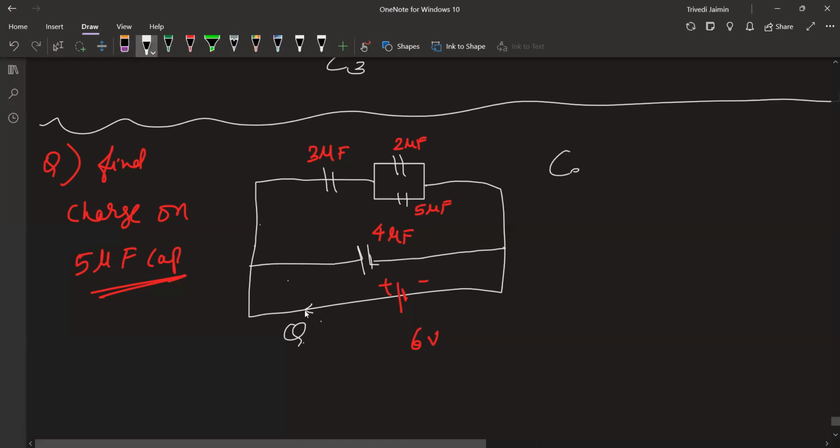So C equivalent is 6.5, right? Microfarad. Then Q equals CV. 6 into 6.5 into 6. 6 6s are 36 and 30.